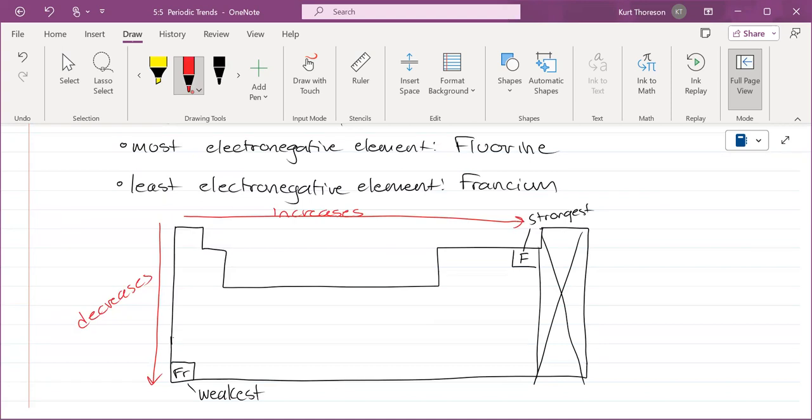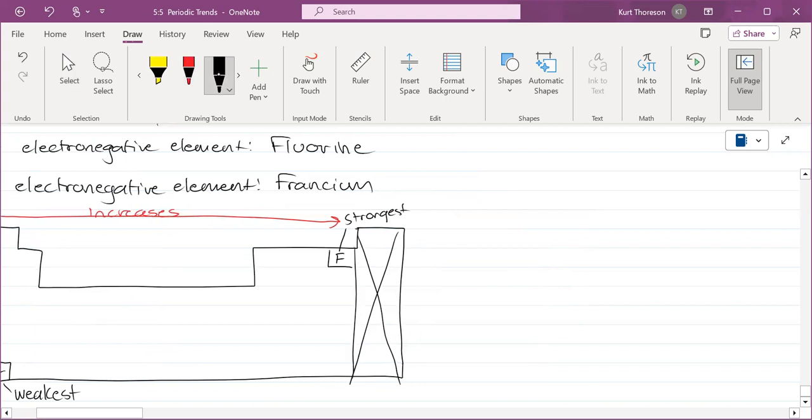Yes, Connor. Fluorine is the strongest because it's closest to being stable. It has 7 electrons. It needs 1 more. What would make more sense to you if you had 7 electrons? If I were to draw fluorine here for you, like we've been doing the last few days, here's fluorine. 1, 2, 3, 1, 2, 3, 4, 5, 6, 7.